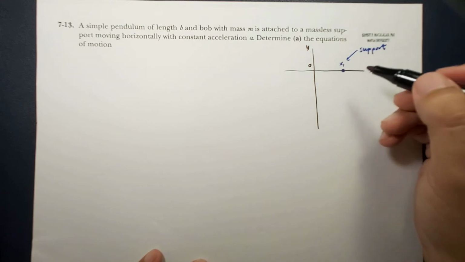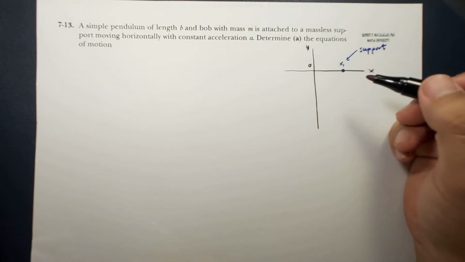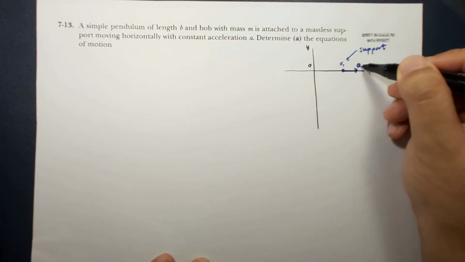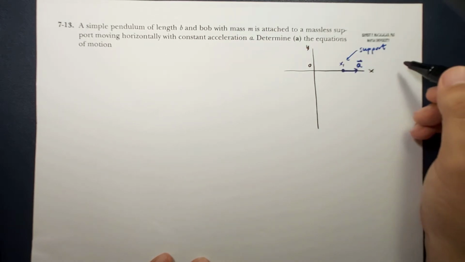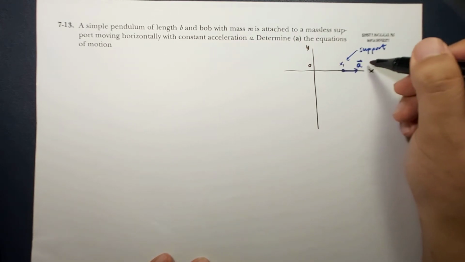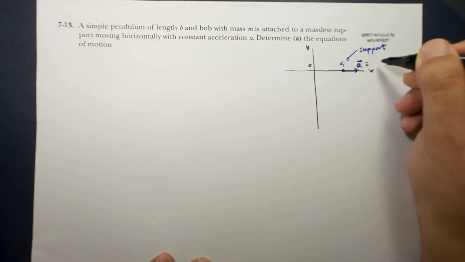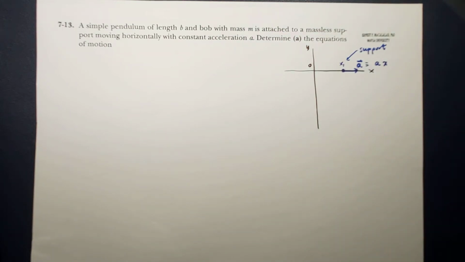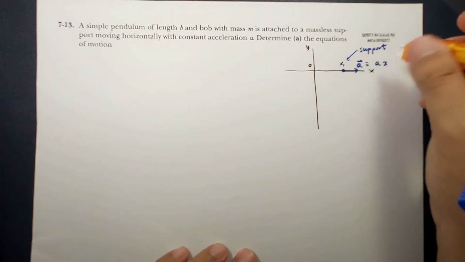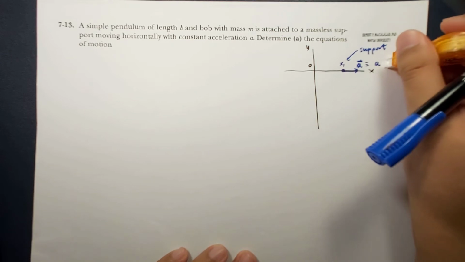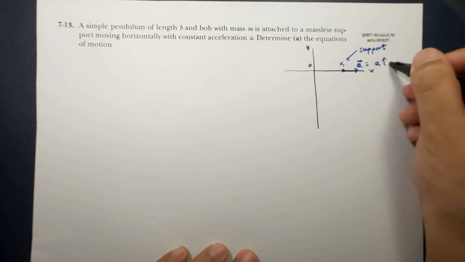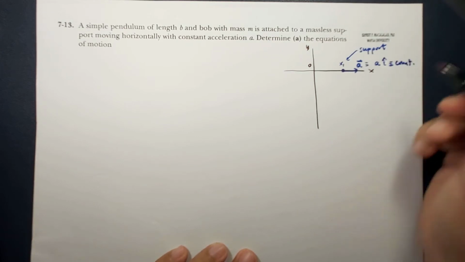This support is moving horizontally with a constant acceleration, in this direction, along x. So this is a times i hat, and a is a constant.